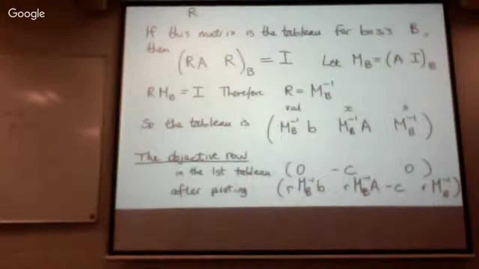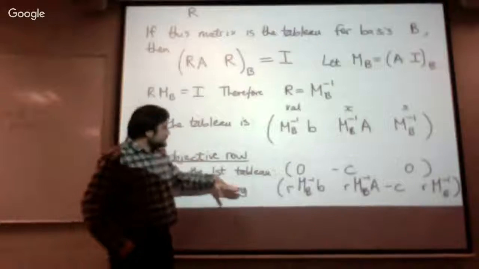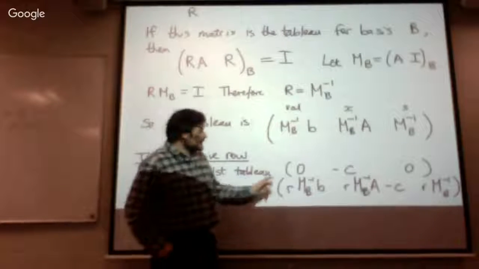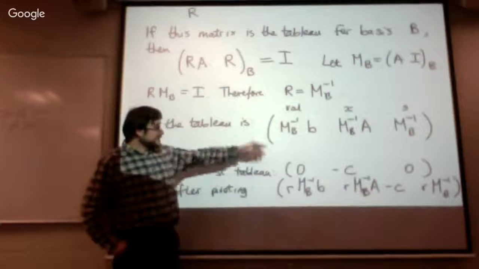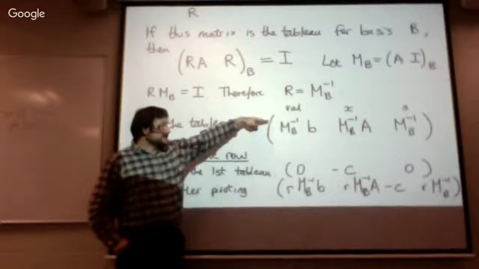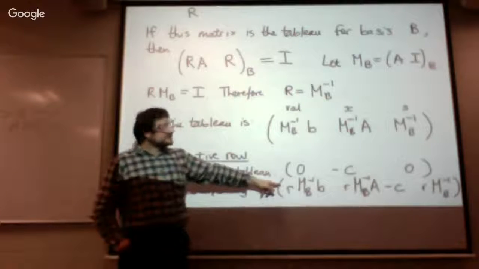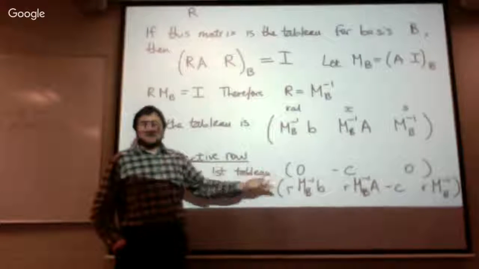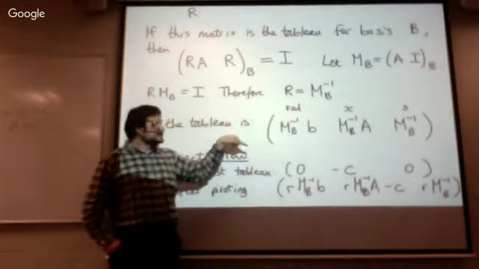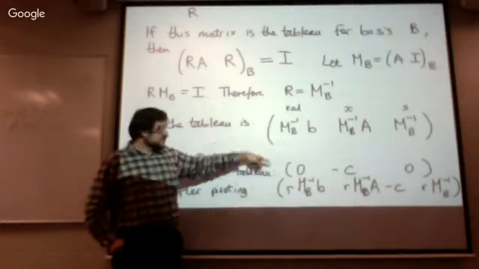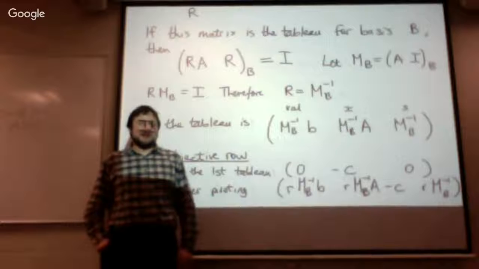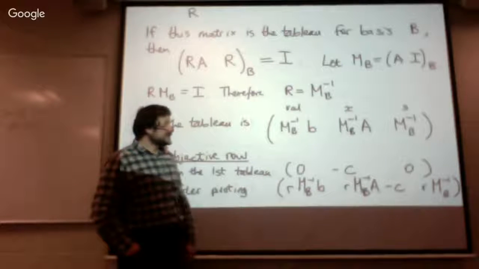The reason is, as I'm saying, the final row is the original plus some linear combination of these rows. So you take multiples of these rows and add them to the original, and that's what you have there. Okay, and the coefficients of the multiples are hidden in this R. And we want to work out what this R is. So that's the idea.